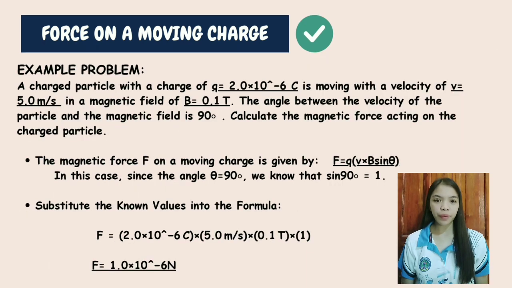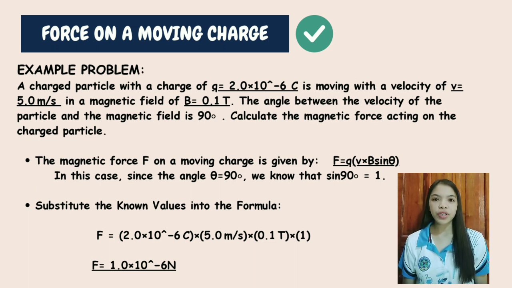So here is an example problem. A charged particle with a charge of 2.0 times 10 raised to the power of negative 6 is moving with a velocity of 5 meters per second in a magnetic field of 0.1 Tesla. The angle between the velocity of the particle and the magnetic field is 90 degrees. Calculate the magnetic force acting on the charged particle.